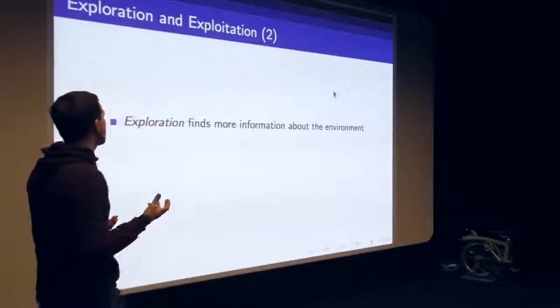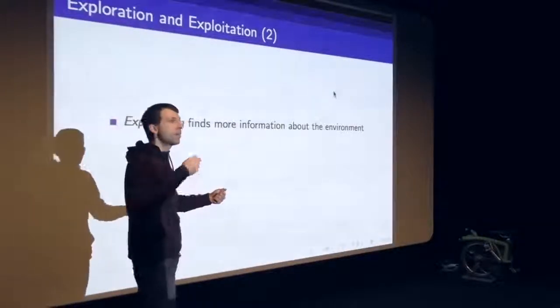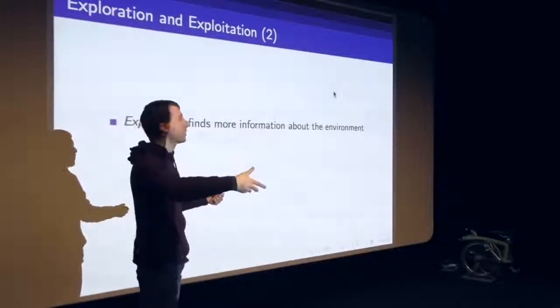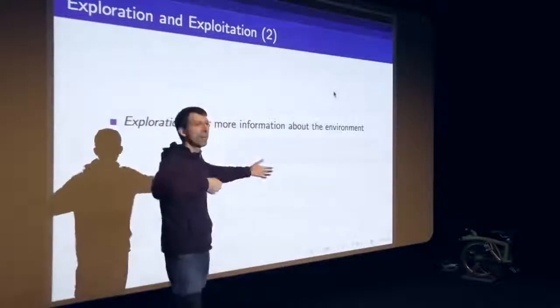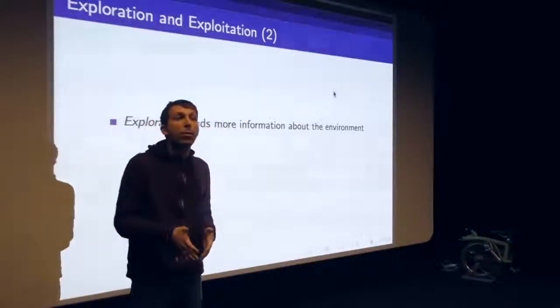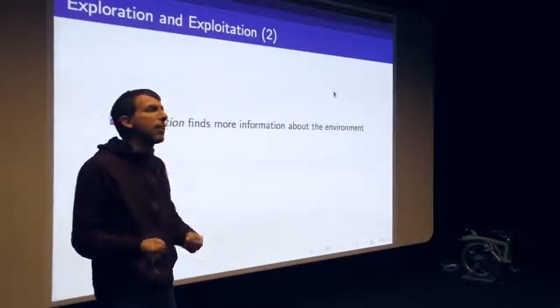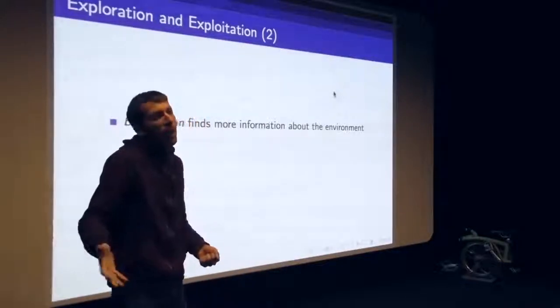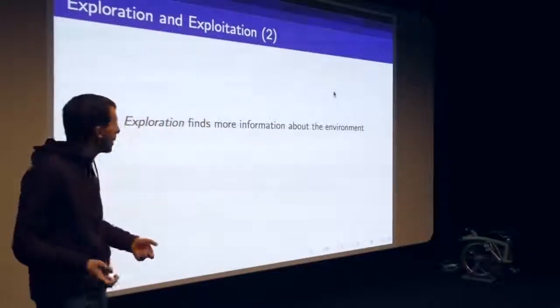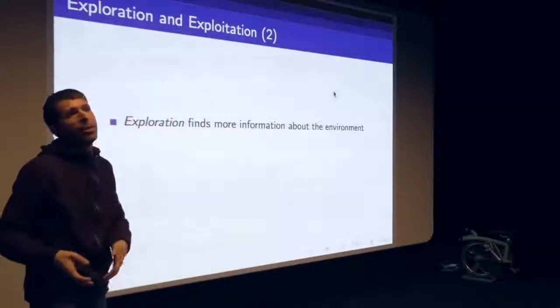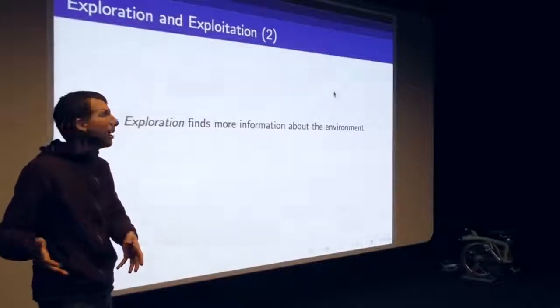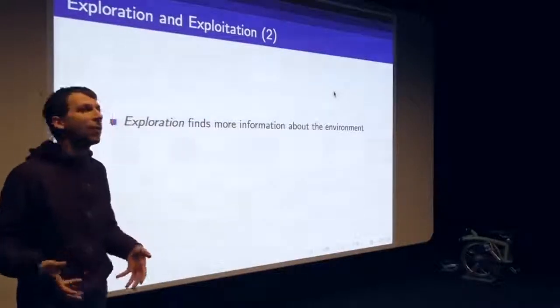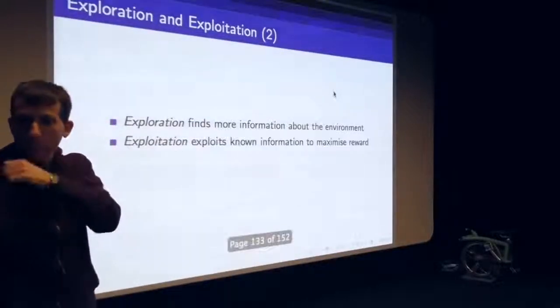In other words, exploration means choosing to give up some reward that you know about in order to find out more about the environment. Maybe you think, given everything you've seen so far, that by going left you'll get the most reward, but you haven't really explored right very much. And so maybe it's better to go right for a while, discover that there's a big treasure chest there, and in the future you might end up getting a lot more reward in the long run.